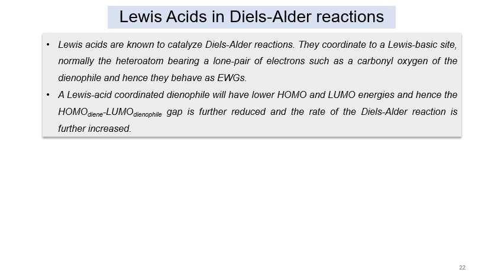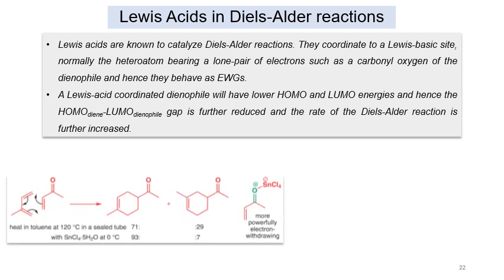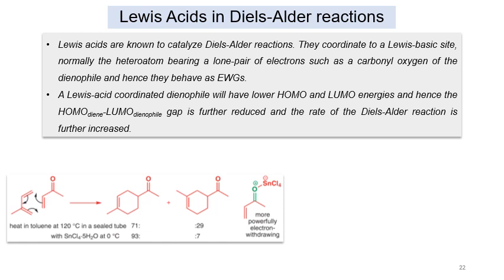Therefore, a Lewis acid coordinated dienophile will have a lower LUMO energy, and therefore the gap between the HOMO of the diene and LUMO of the dienophile is reduced even further, and because of which the rate of reaction of a Lewis acid catalyzed Diels Alder reaction is increased.